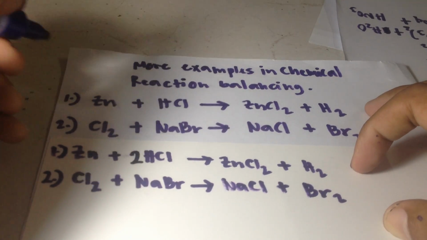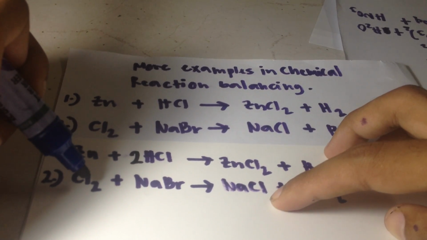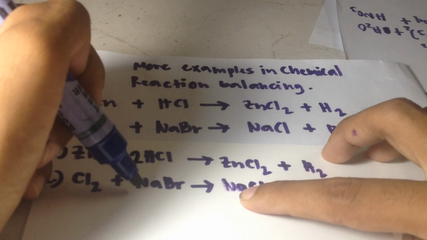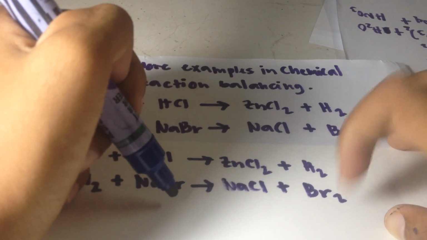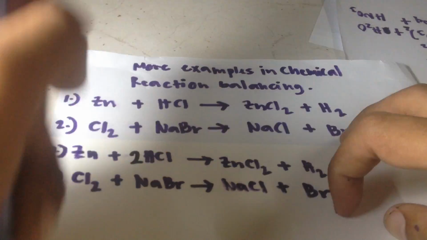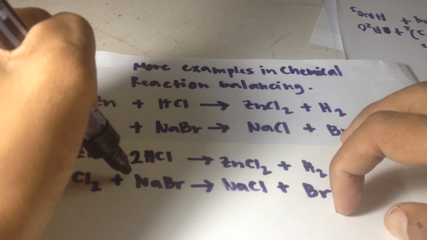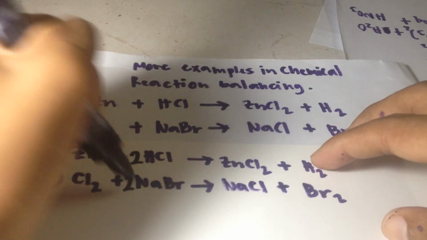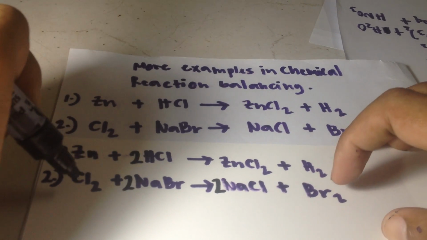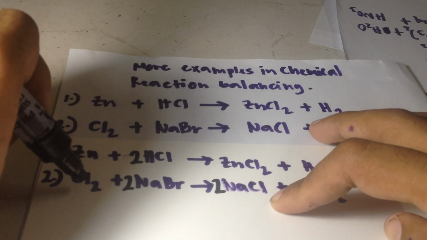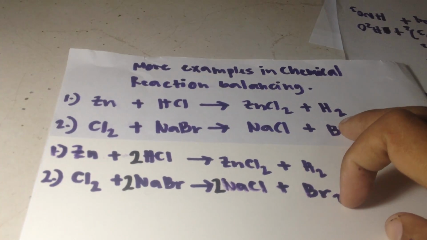So here chlorine has a 2 subscript in the reactant, and the product has only 1, and sodium has only 1, and bromine has only 1 here and 2 here. So you need to multiply by 2. So 2 here and 2 here. So it is balanced already. Chlorine has 2 here, then sodium has 2, then bromine has 2. Okay, it's completely balanced.